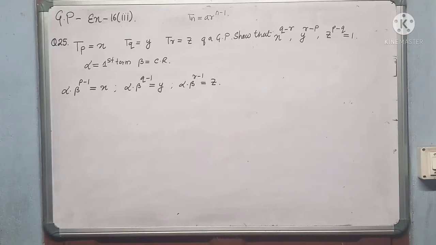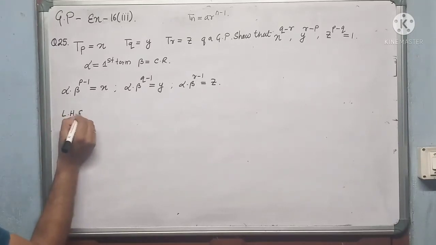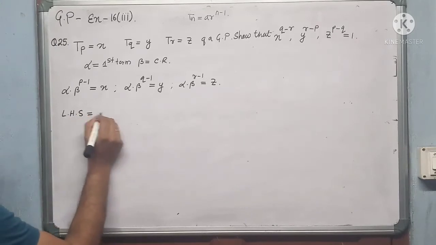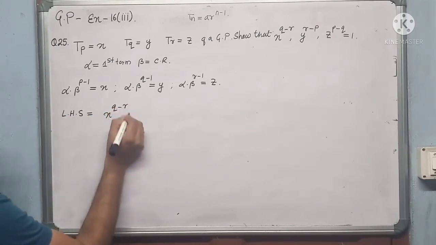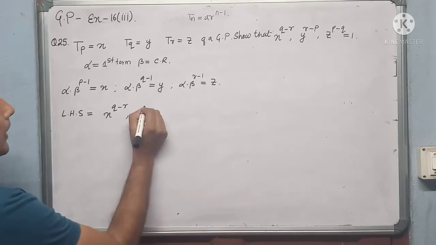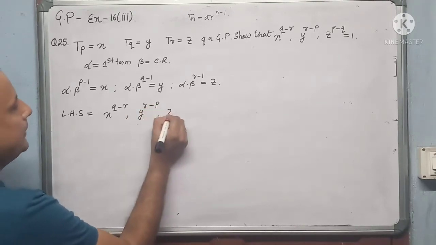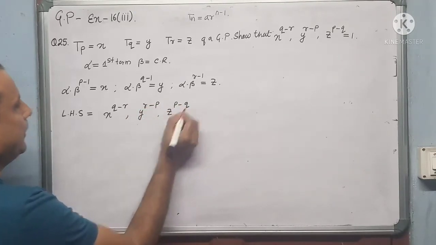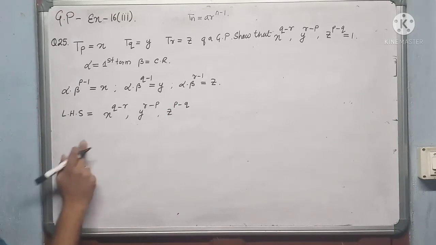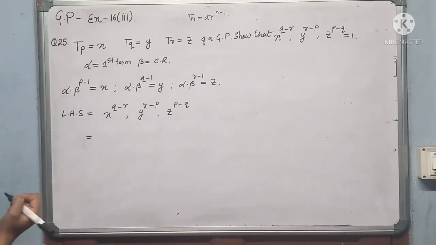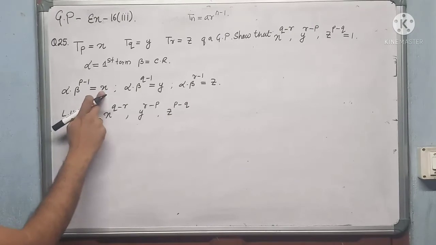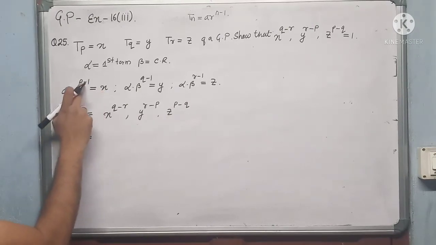After getting the values of x, y and z, now I'll take the left hand side. Left hand side is x to the power q minus r, y to the power r minus p, and z to the power p minus q. Now I'll substitute the respective values of x, y and z. The value of x according to this equation is alpha into beta to the power p minus 1.